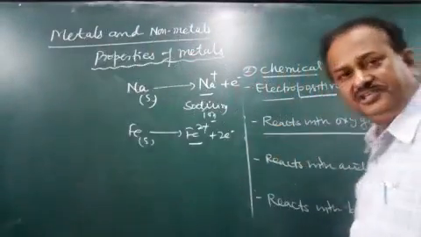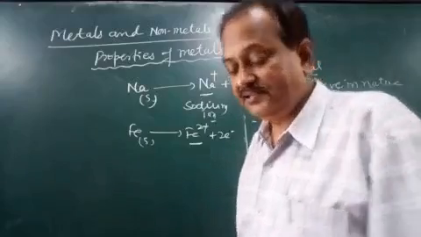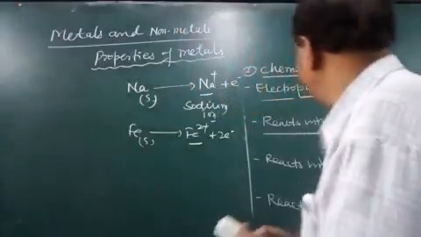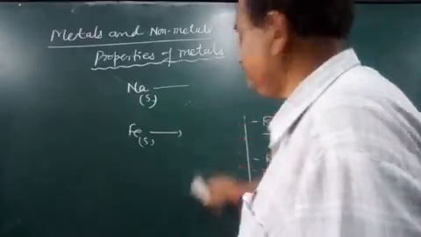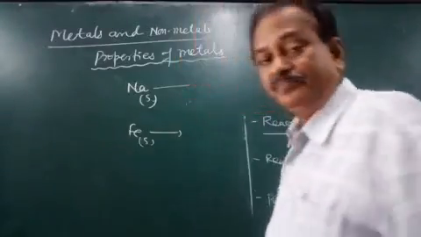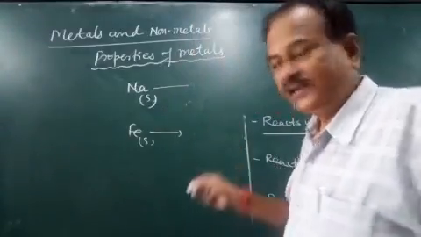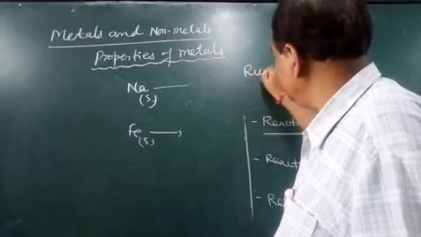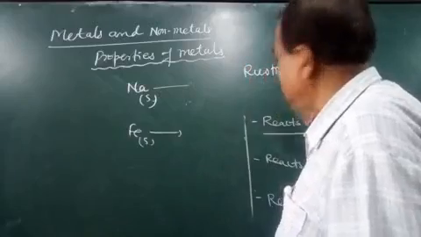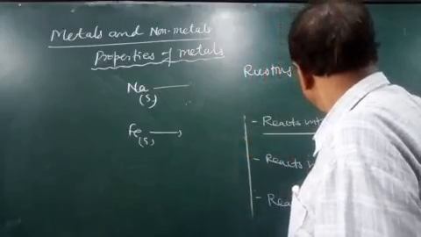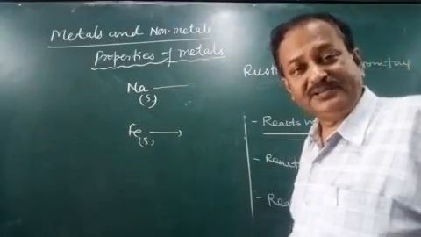Now, reaction with oxygen. Metals form oxides by reaction with oxygen. The oxygen can react at room temperature or at high temperature. Like rusting of iron, it takes place at room temperature.